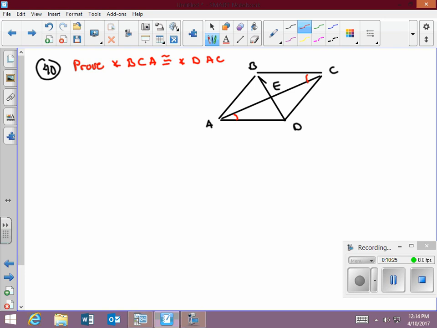Okay. And then this is, no, it doesn't say it's a rhombus. It just says that this thing is ABC, BC, because if it stated it was a rhombus, you could do alternate interior angles of two parallel lines cut by a transversal.